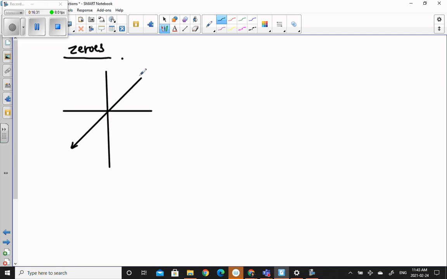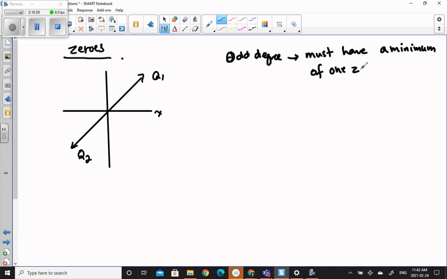And you can see that it has to cross the x-axis at least one point because it's always going from either Q2 to Q1 or Q3 to Q4. So an odd degree function must have a minimum of 1 zero because it has to cross the x-axis at least one point. Okay, so this one has 1 zero.